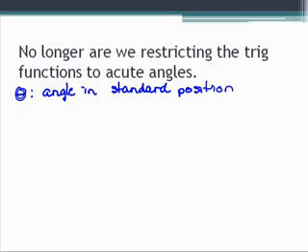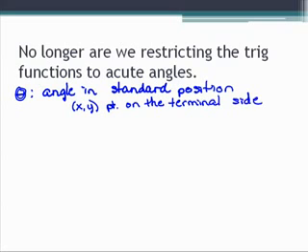And let's say that the point xy is a point on the terminal side of the angle. So the terminal is the ending side. Let's draw one then that is no longer in the first quadrant.